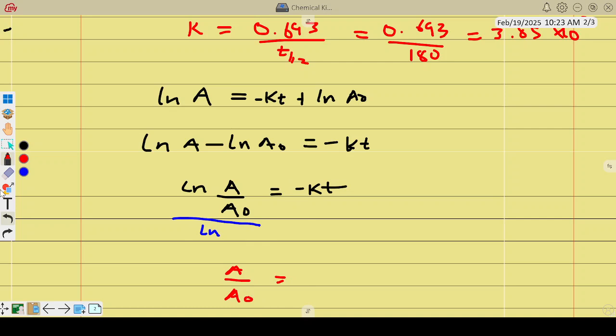A better way to explain this is that we introduce the exponential, Euler's constant, e, so that it cancels with the ln.